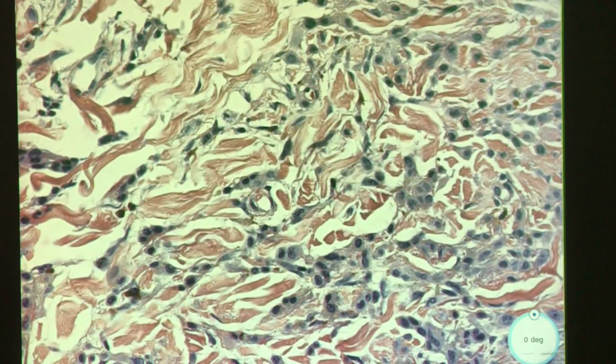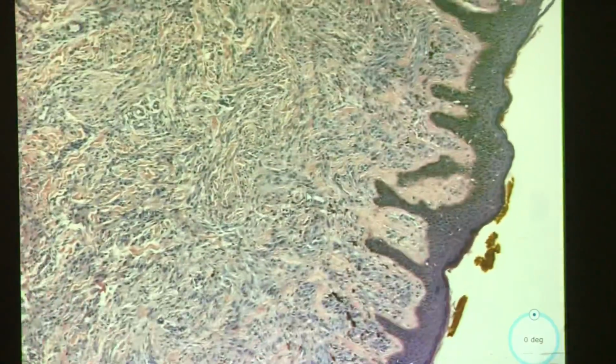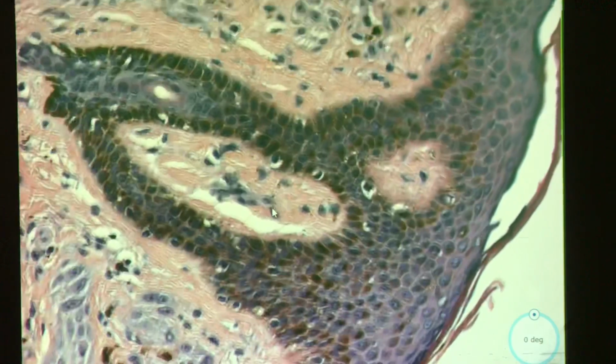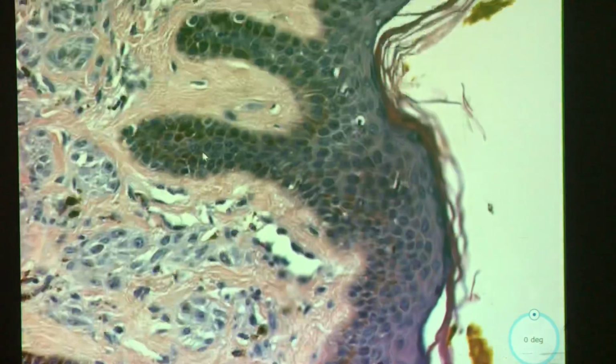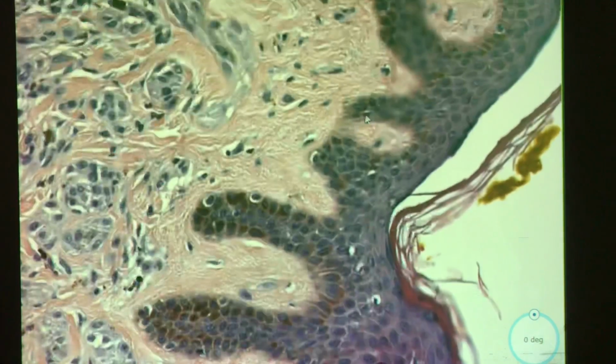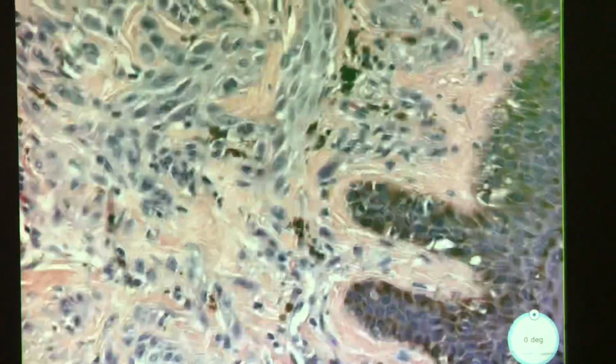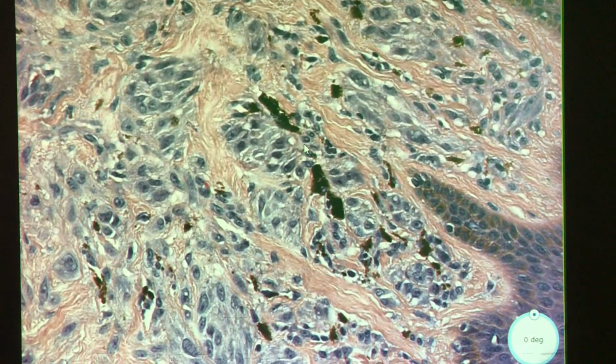There are some epithelioid cells which stand out because they're huge, but most of this is very spindled. There may be some in the epidermis, maybe? I don't know. I think those are just normal basal cells. But that's a good thought.